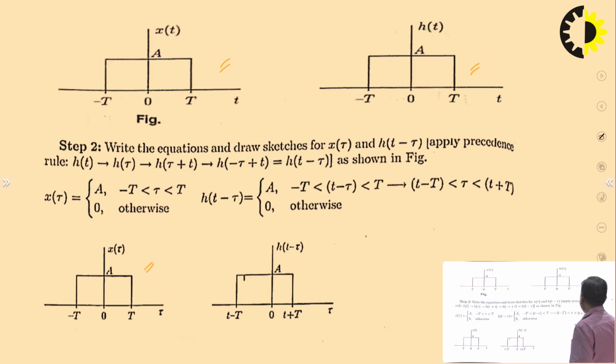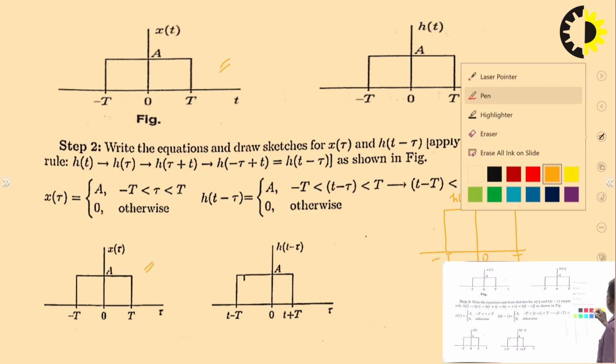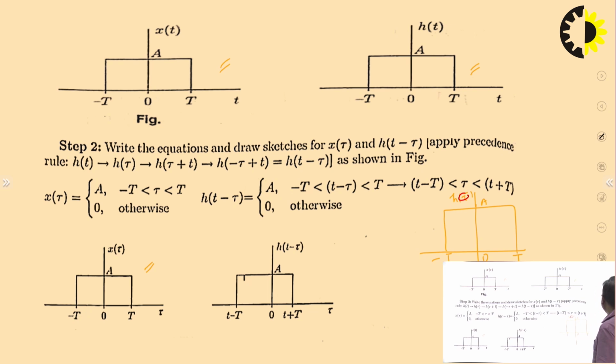First we draw h of tau, which is the same signal lying from minus T to T with amplitude A. If you draw h of minus tau, the minus T comes over here and the T comes here, the magnitude is the same, so there is no change. That's why h of minus tau remains the same.